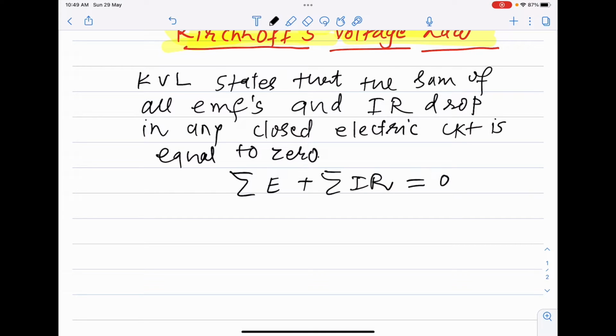Now, in order to make use of Kirchhoff's voltage law, we need to decide the sign conventions. The first thing that we need to do whenever we are given any closed electric circuit is decide the direction of tracing.